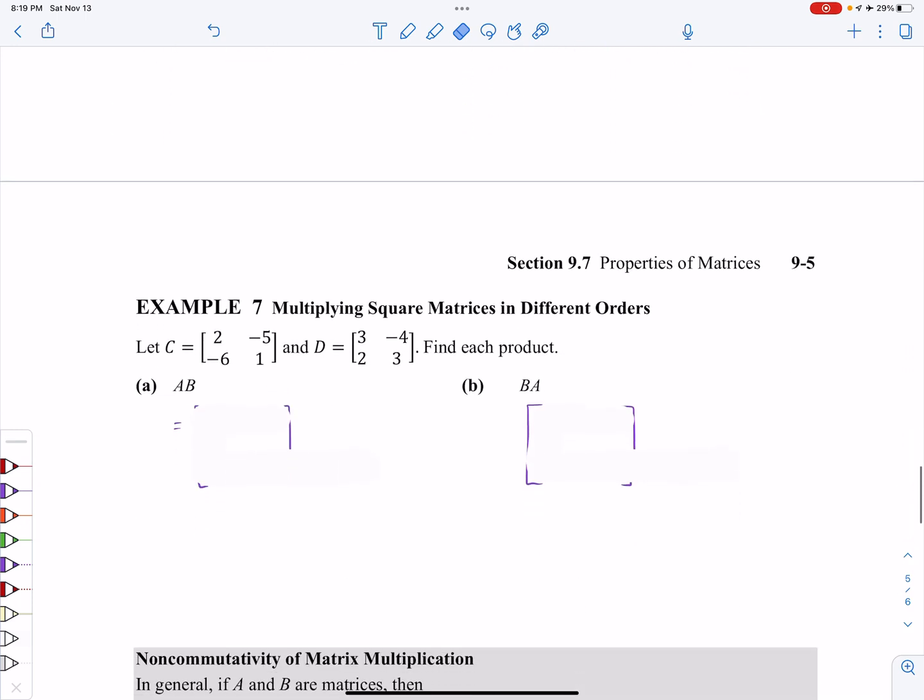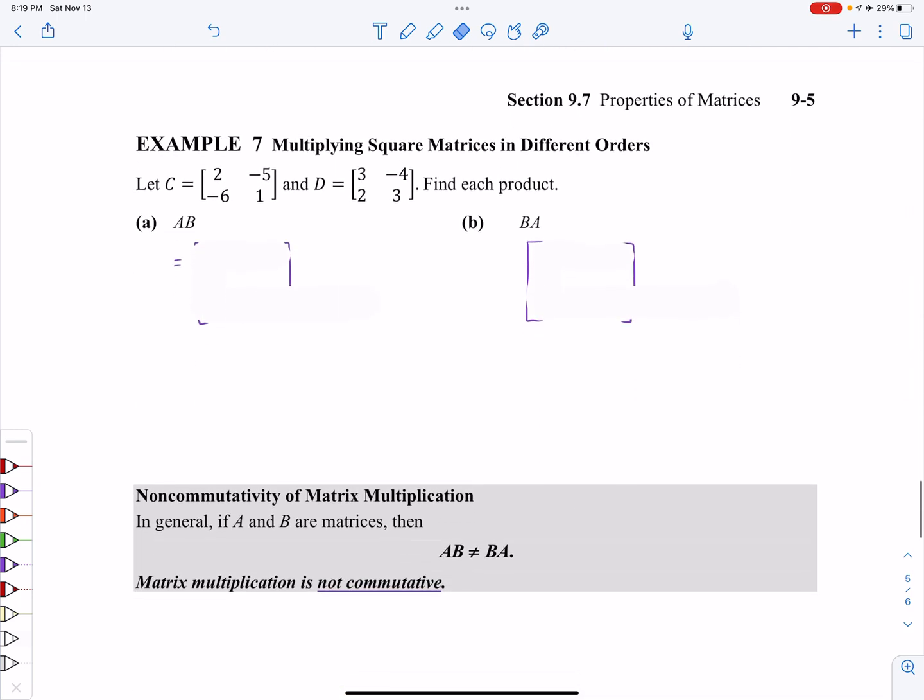For example number 7, multiplying square matrices. Same thing, but since they're both 2 by 2 here, I am able to easily multiply these. Again, we're going to do these in the calculator, so pause the video, take some time to enter C into the C matrix on your calculator, and enter D into the D matrix on your calculator.